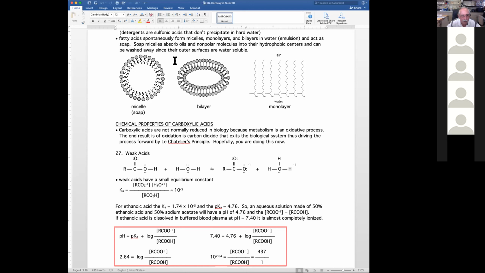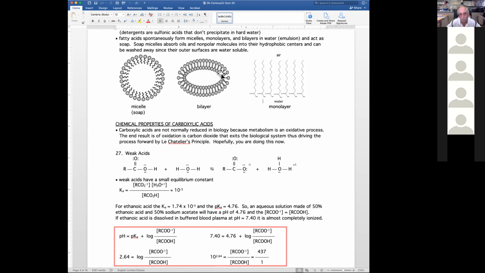So if I can do mechanical activity to take an oil and get it past this polar part and inside here where it's nonpolar, then I have the nonpolar inside this nonpolar portion, but the whole micelle itself is still soluble in water because of the attractive force between the ions and the water. It's really ion to dipole attractions. So the micelles, the bilayers, everything else can be washed away.